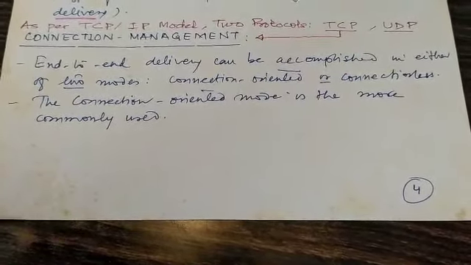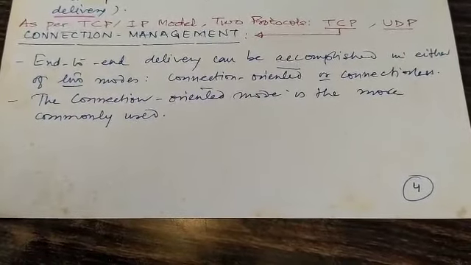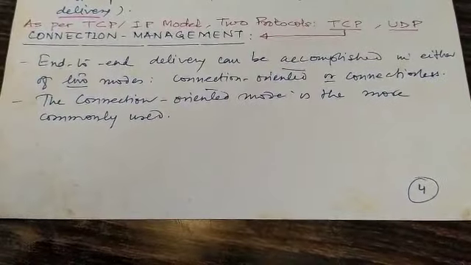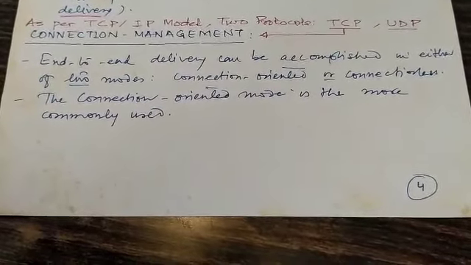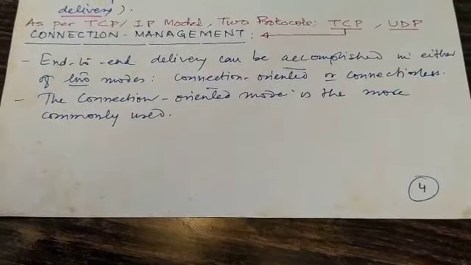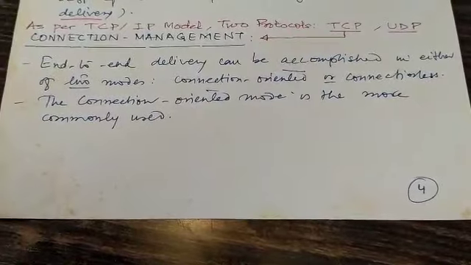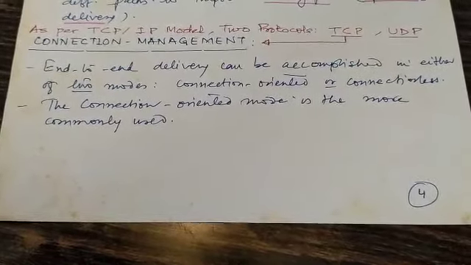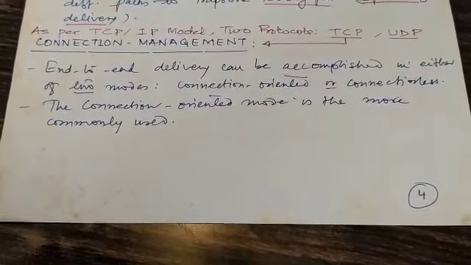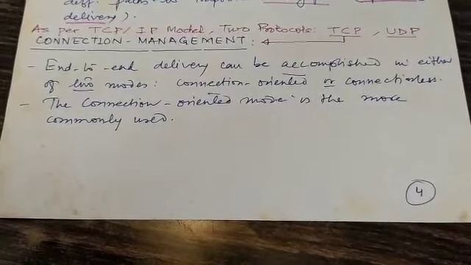You can recall that there are basically two types of communication services. One is called the connection oriented service and the other one is called the connectionless service. For both of these kinds of services to be facilitated at the transport layer, we have the corresponding mechanisms.